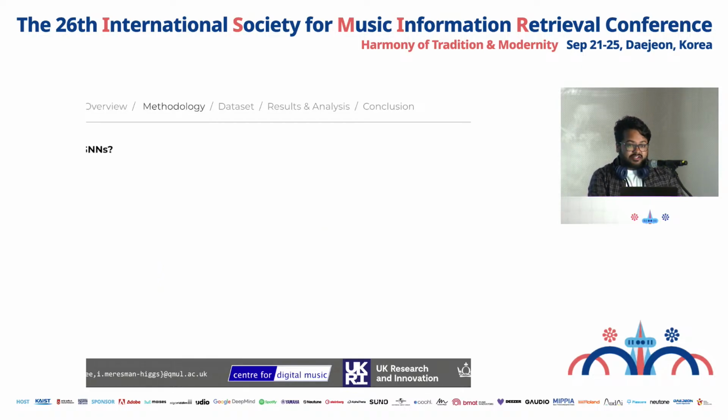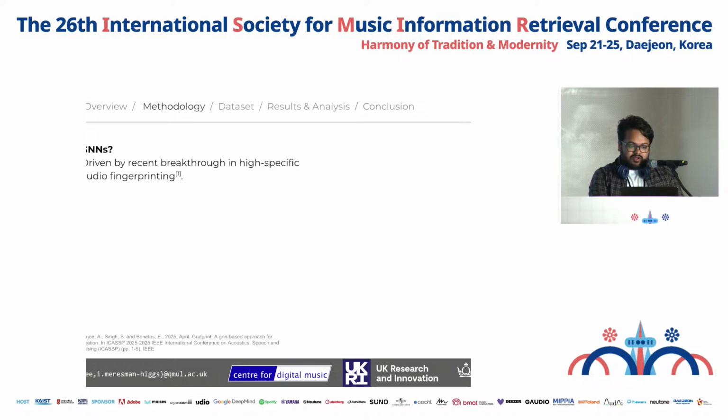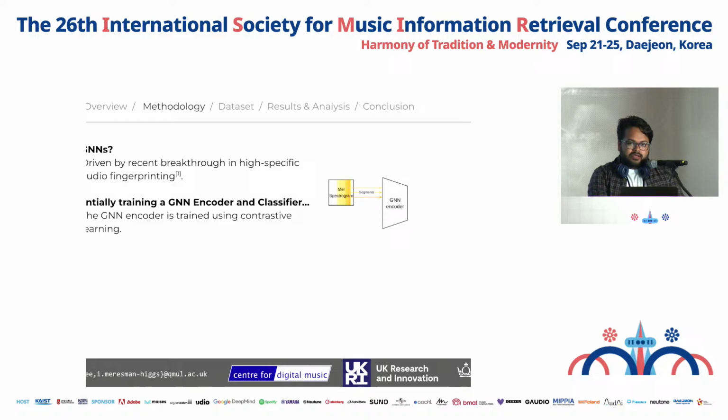As mentioned in the title, we use graph neural networks as the neural architecture for our encoders. And the reason to do that is the recent success in audio fingerprinting, which is a closely related task. We train this GNN encoder using contrastive learning, again fairly common.